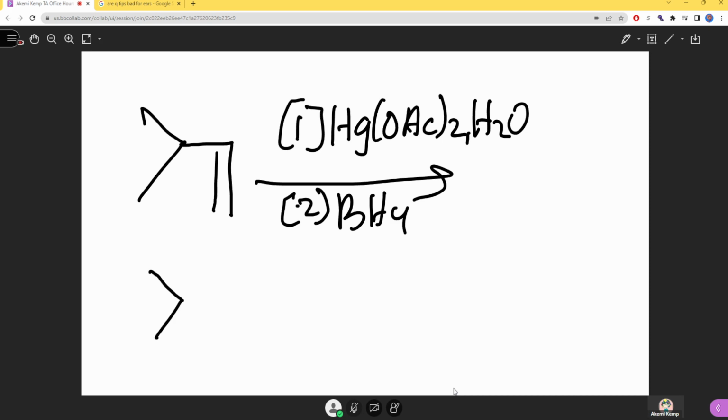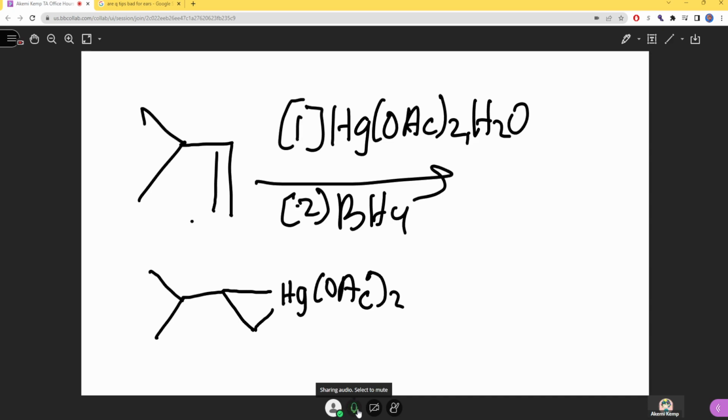But the reason there was no rearrangement is because you form a 3-membered ring with the HgOAc2. This is the mechanism. You go from this to this after your first step. Then, what happens next is you have the H2O.